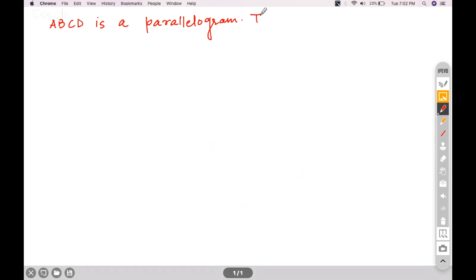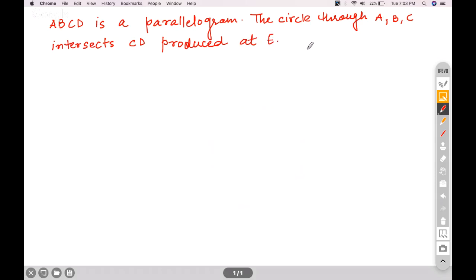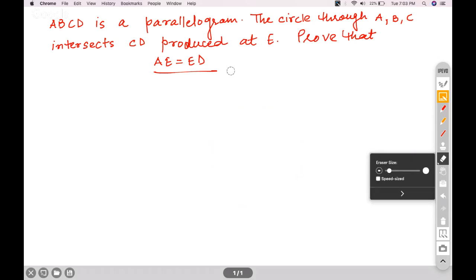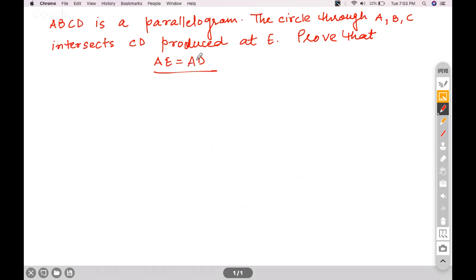The circle through A, B, C intersects CD produced at E. Prove that AE is equal to AD. Sorry, once again, this is not ED, this is AD. Just solve it.